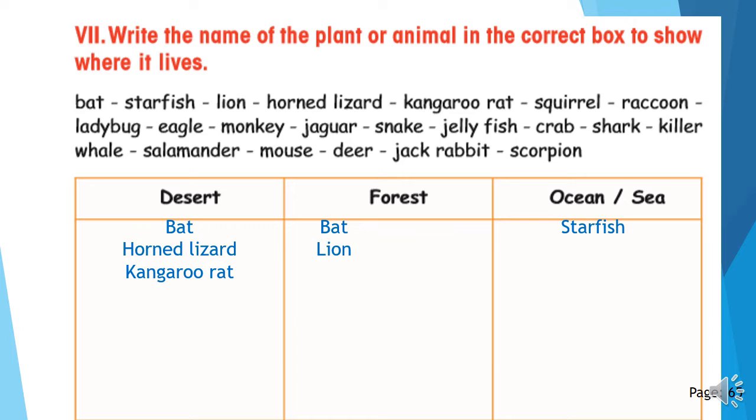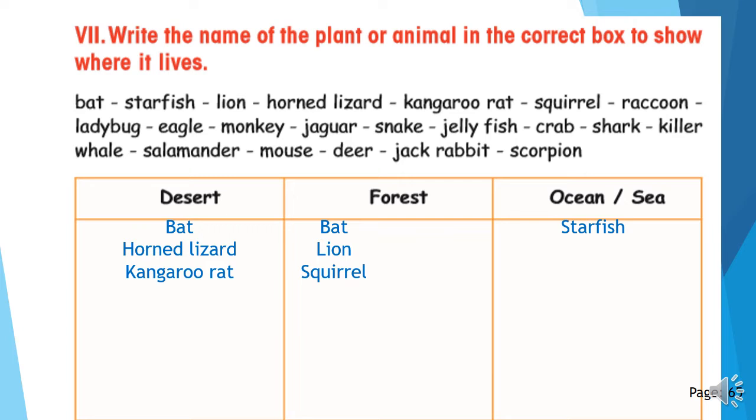Excellent, guys. Now squirrel, as you know, this animal can live on trees. And where do we have trees? In the forest or in the desert? In the forest. So this animal can live in forest ecosystem.